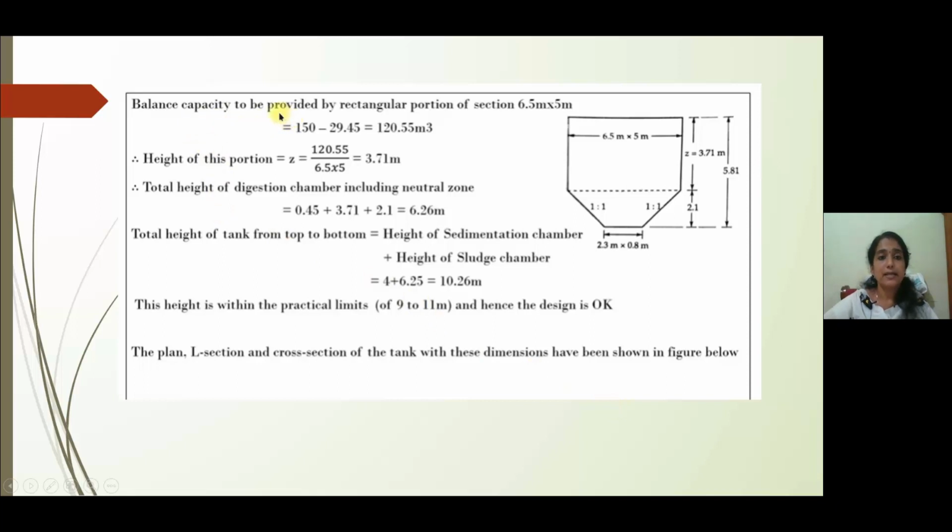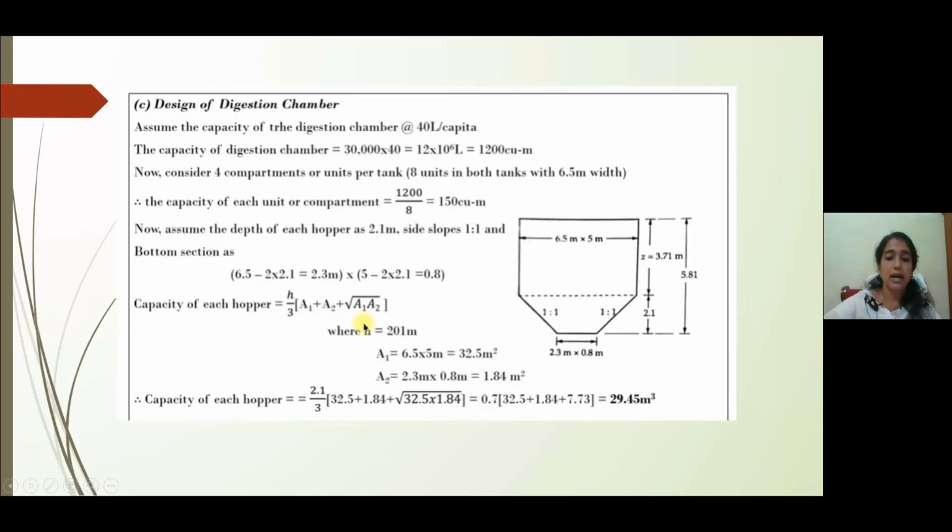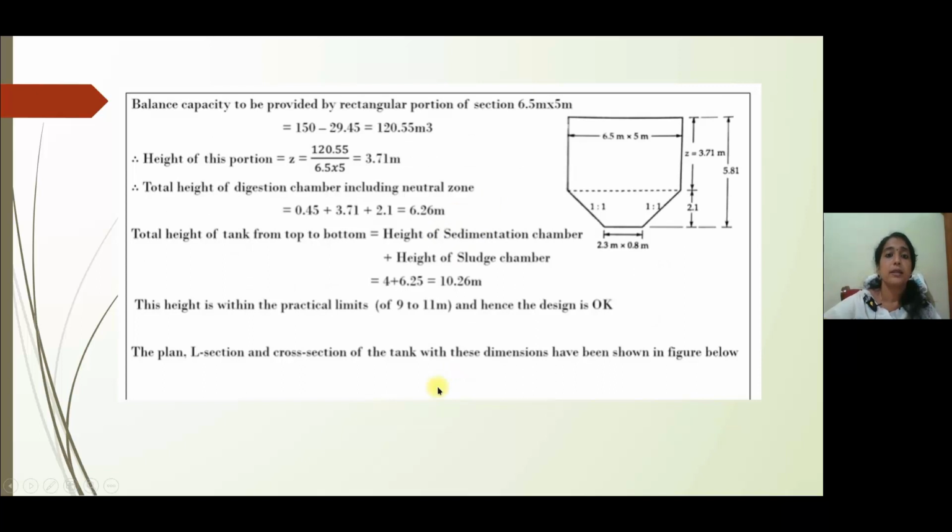Then the balance capacity: the hopper capacity is calculated at 29.45, the total capacity is 150 meter cube. Then we can calculate the balance capacity to be provided by the rectangular portion of the section, that is 6.5 meter into 5 meter, that is 150 minus 29.45, that is 120.55 meter cube.